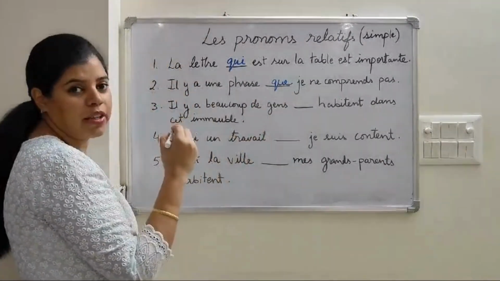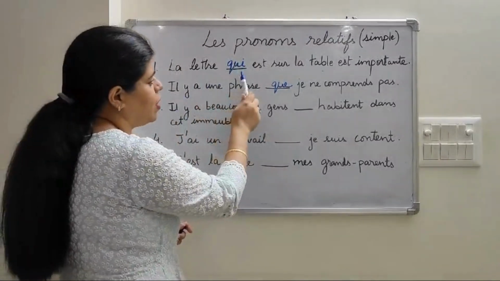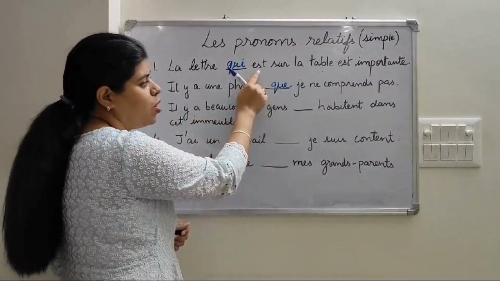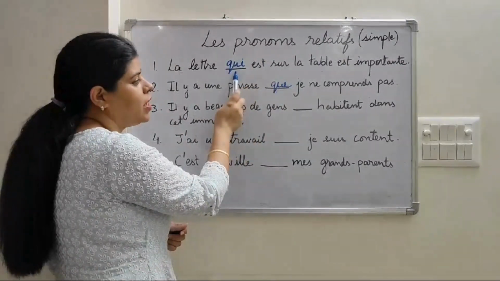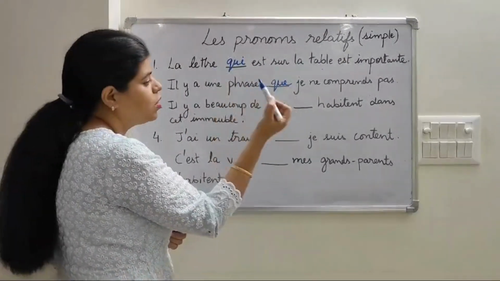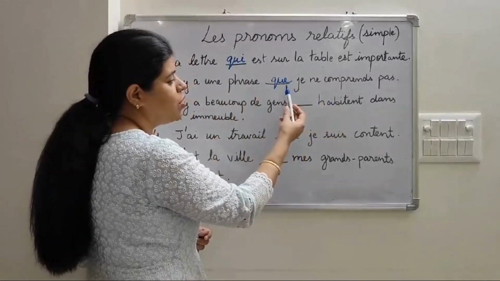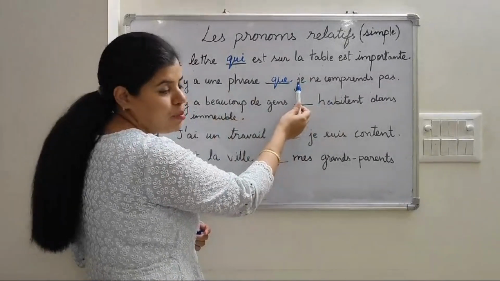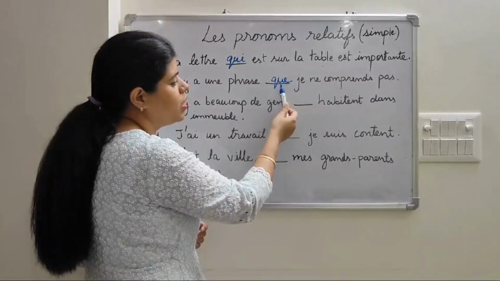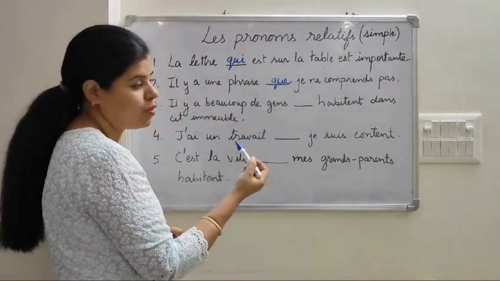Now there is one more hint: if immediately after the blank we have a verb, usually there will be the pronom relatif qui. And in 90% of cases, whenever we have a pronom sujet immediately after the blank, we'll be using que as the pronom relatif.